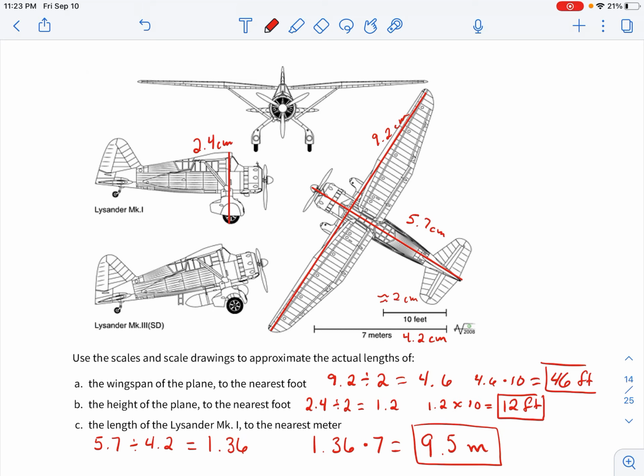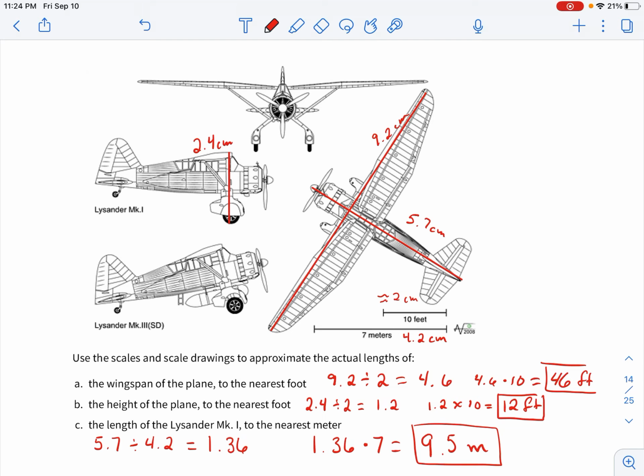So I find how many 2 centimeters goes into 9.2, which is 4.6. So now I know for each of those, you multiply that by 10 feet to get the actual length. So 4.6 times 10 equals 46 feet. So that's the actual wingspan.